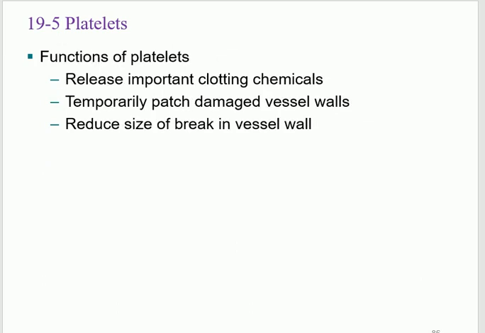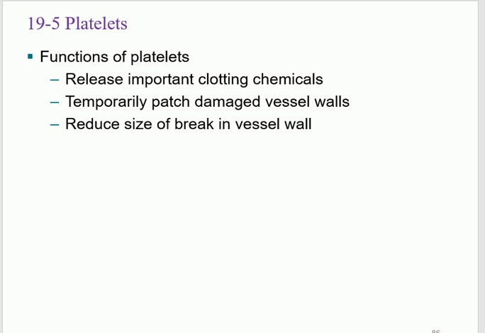The function simply of the platelets is blood clots. What's going to happen here? They are going to release chemicals that we'll talk about. They will make a patch, and this will end up making the break in the blood vessels smaller.